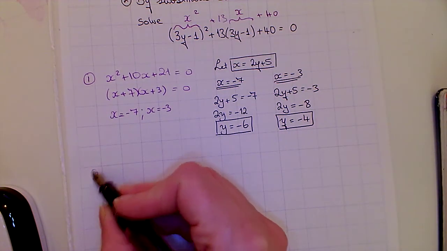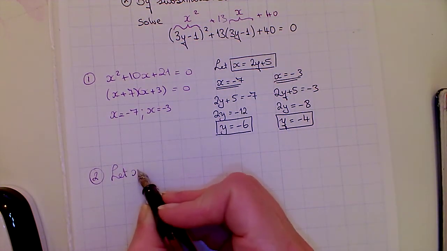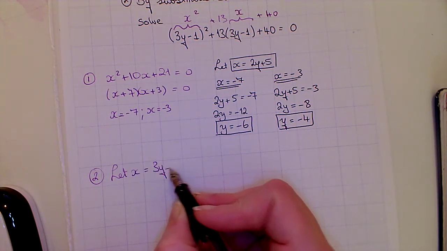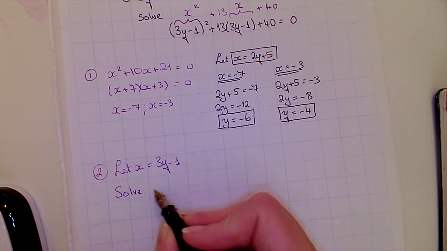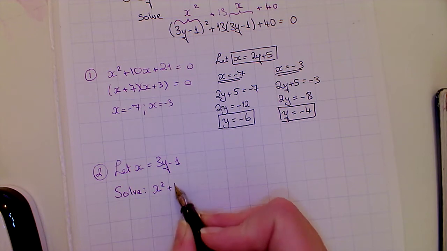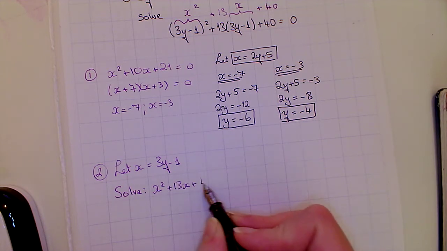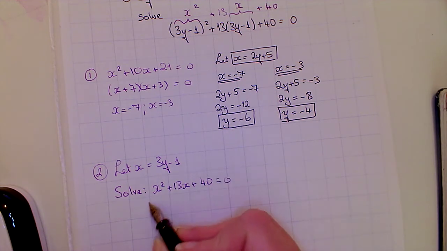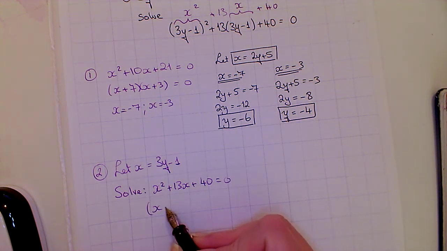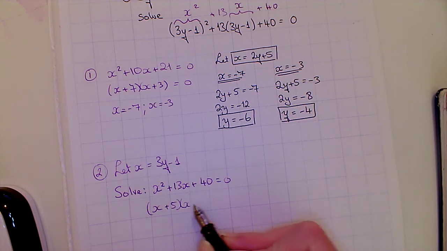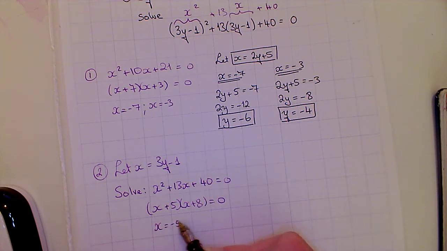So the first thing I'm going to do is I'm going to say let x equal to 3y minus 1, and then I'm going to solve x squared plus 13x plus 40 equal to 0, which I can do by factorizing. x plus 5, x plus 8 equal to 0, so x is equal to minus 5, or x is equal to minus 8.